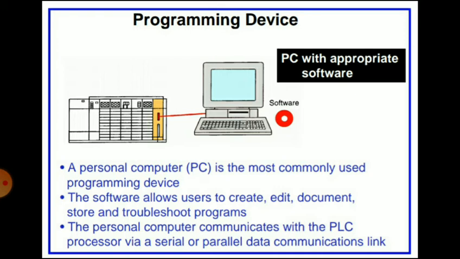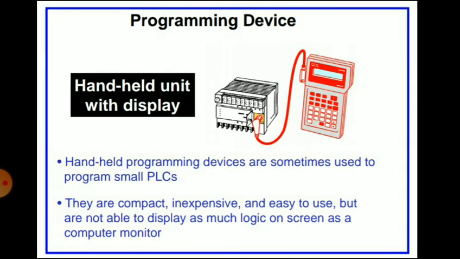So you can see the PC with appropriate software. A personal computer, that is PC, is most commonly used as a programming device. The software allows users to create, edit, document, store, and troubleshoot programs. The personal computer communicates with the PLC processor via serial or parallel data communication links.